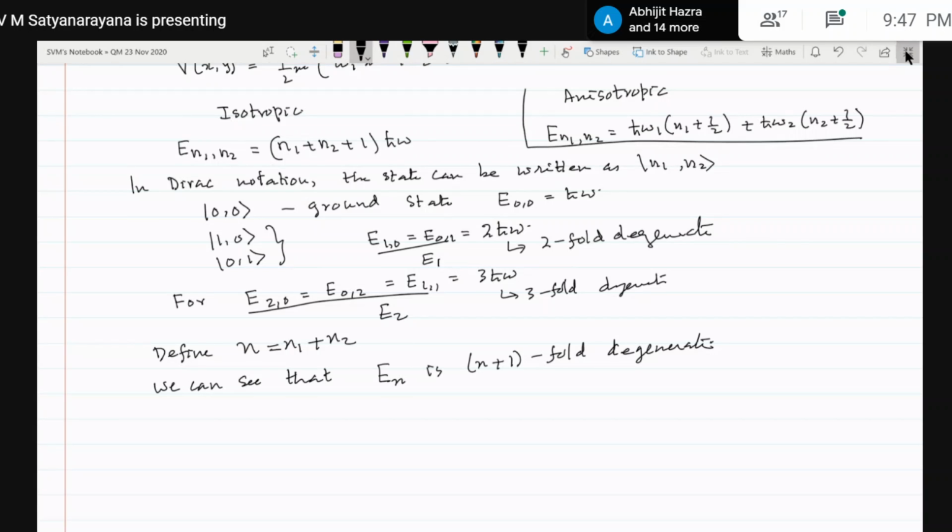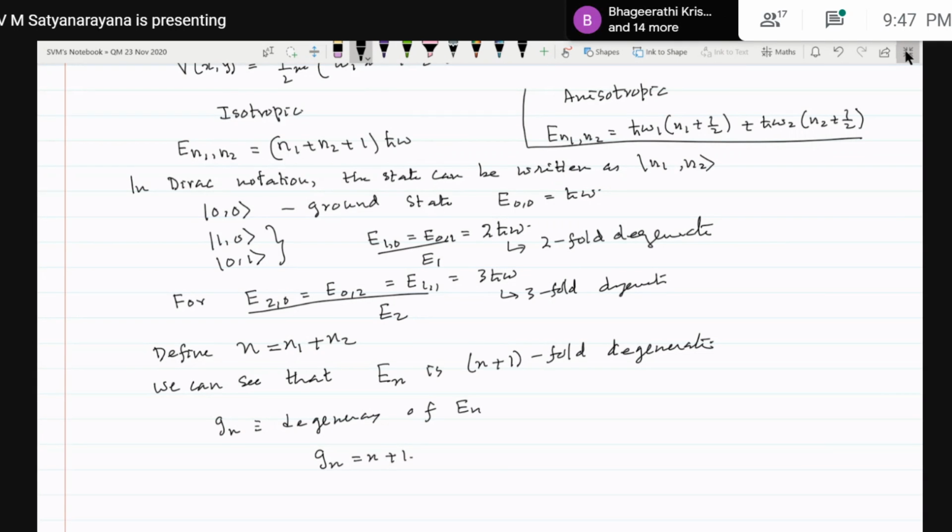If Gn is the degeneracy of En, then Gn is equal to n plus 1.